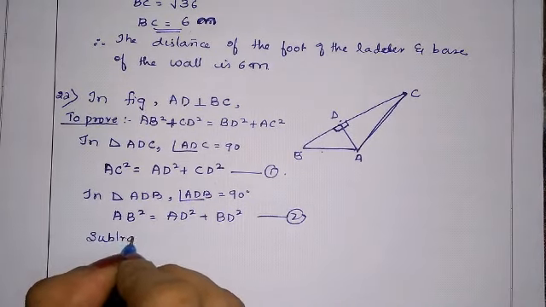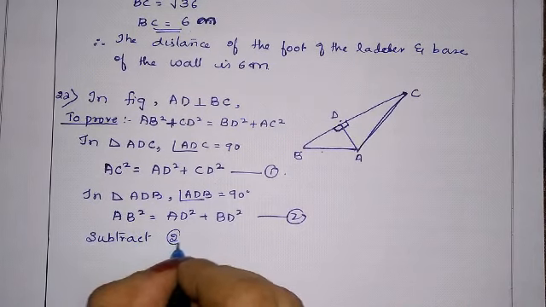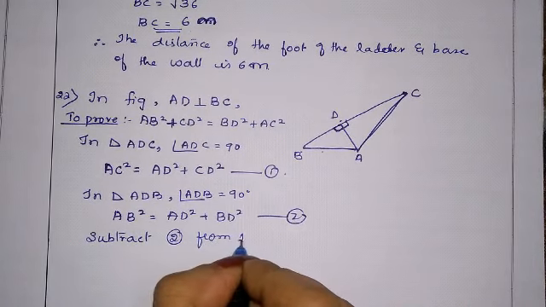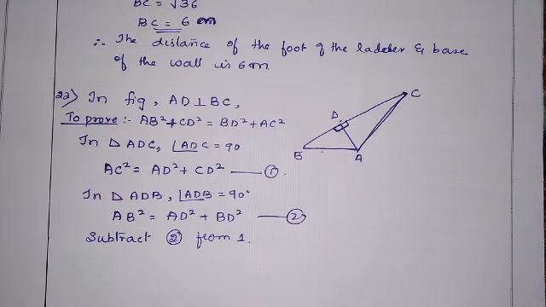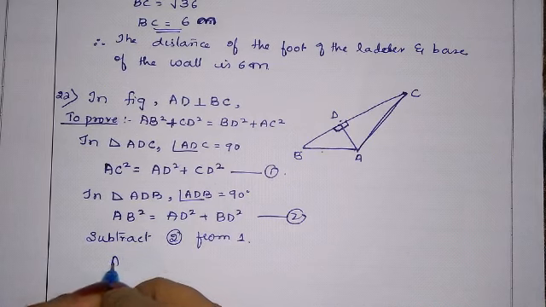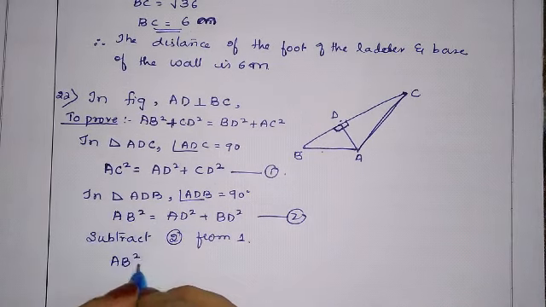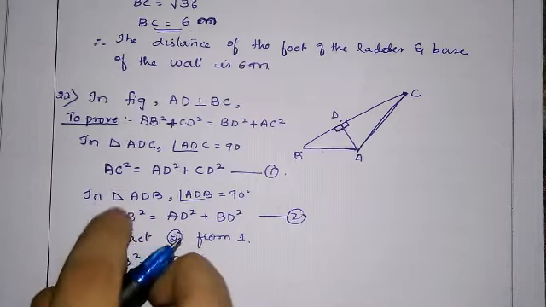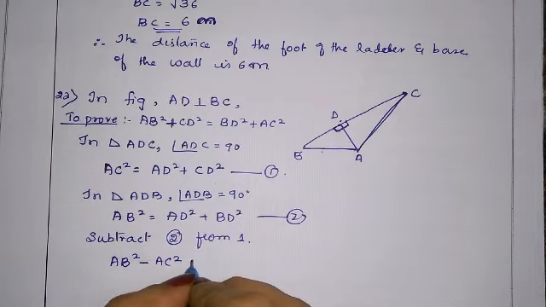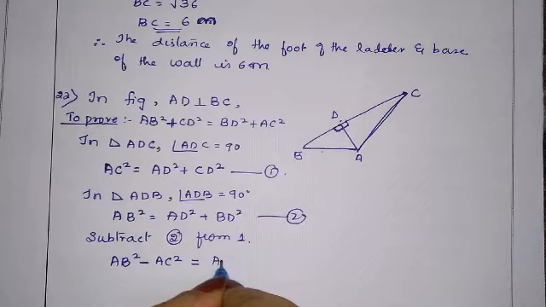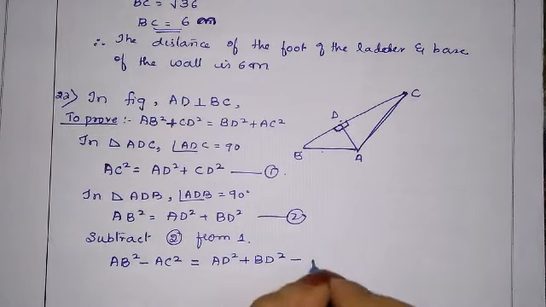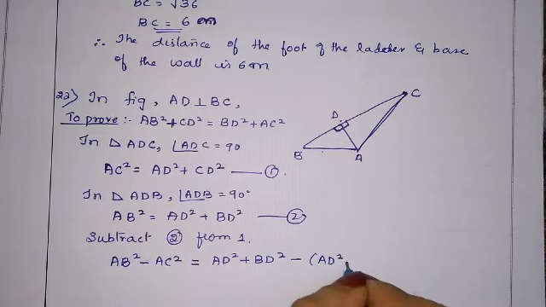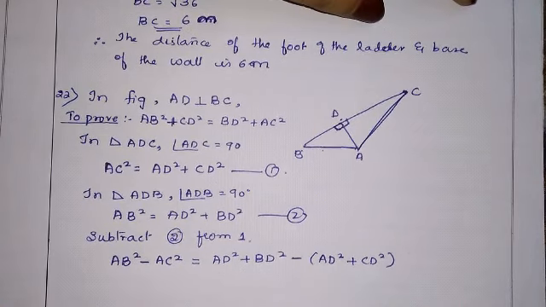Subtract 2 from 1. Okay, so I'll write AC square or AB square, whatever we want we can write. AB square minus AC square. We have done the subtraction: AD square plus BD square minus AD square plus CD square. See, when we have a minus sign, we always have to give a bracket.